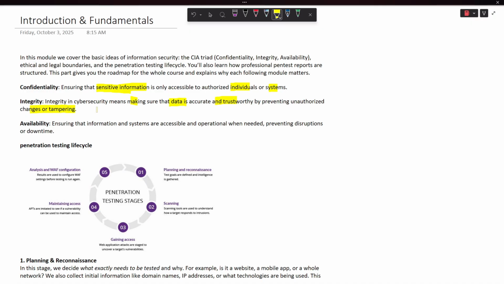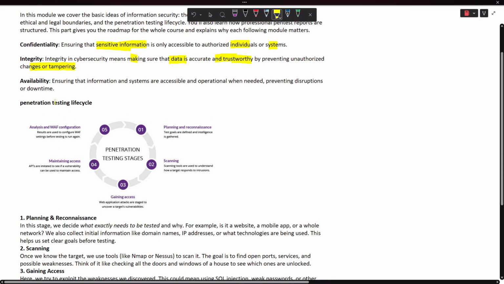If anyone is able to modify that data, then it means there is no integrity in the data. So integrity is important. You have to make sure the data is accurate and trustworthy, because if someone is able to modify it, there is an issue of integrity. Simple as that.